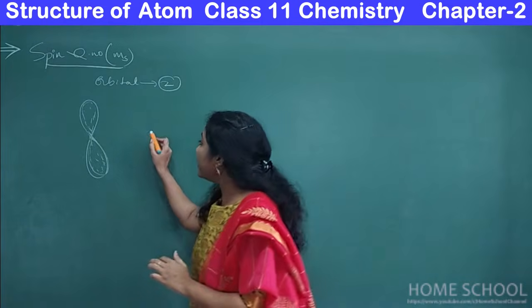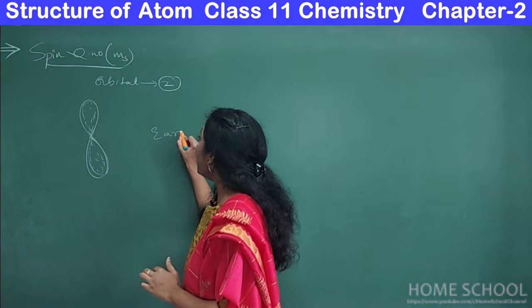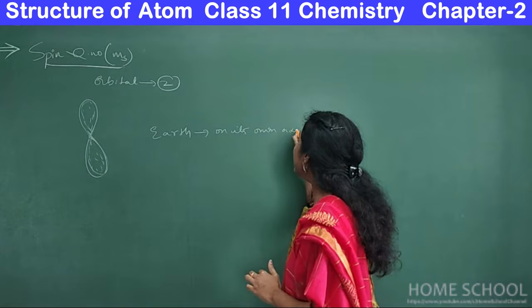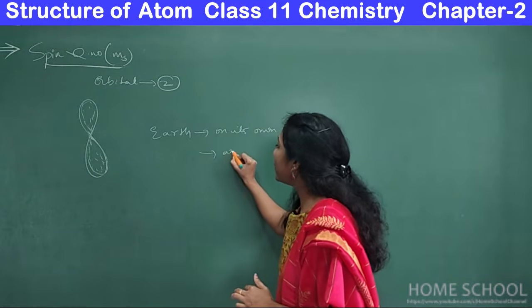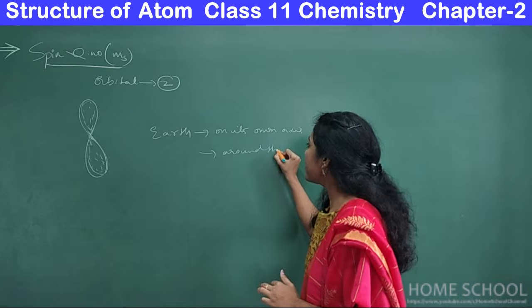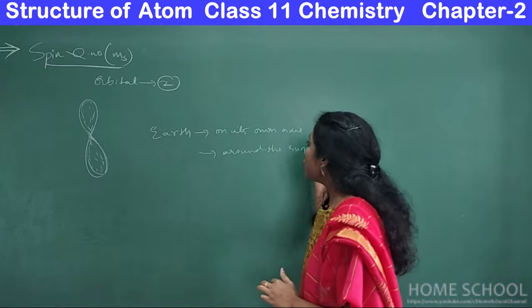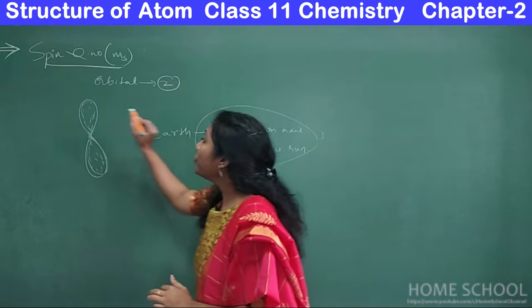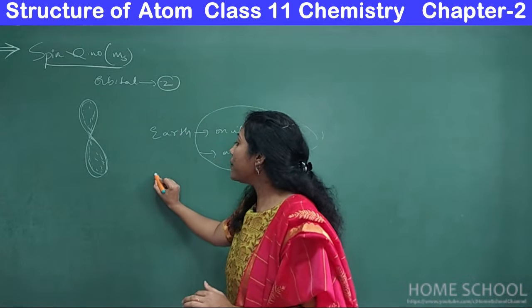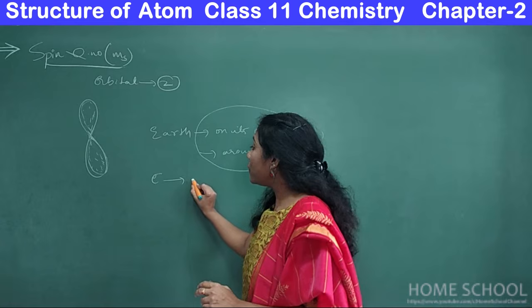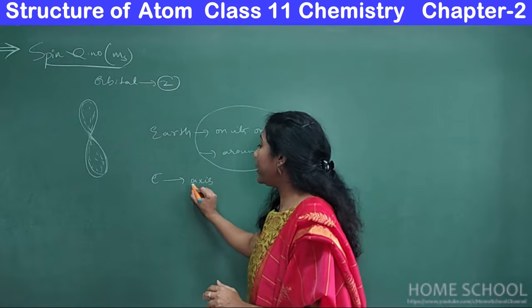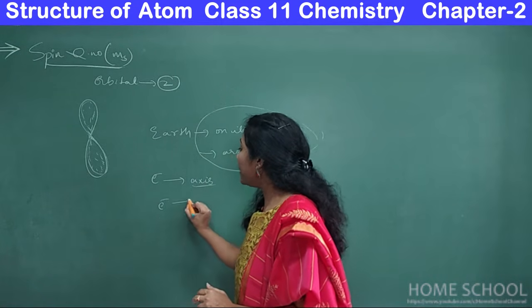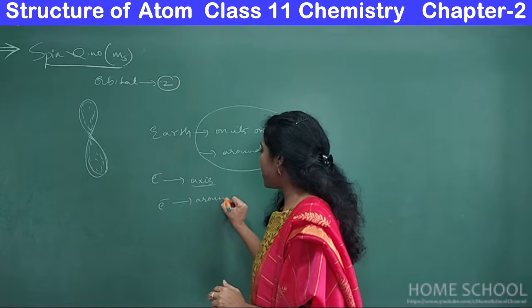One is that Earth can rotate on its own axis, and Earth can also rotate around the sun, right? So just like 2 different rotations for Earth, you have 2 different rotations for an electron. One is that an electron can rotate on its own axis, and an electron can rotate around the nucleus.